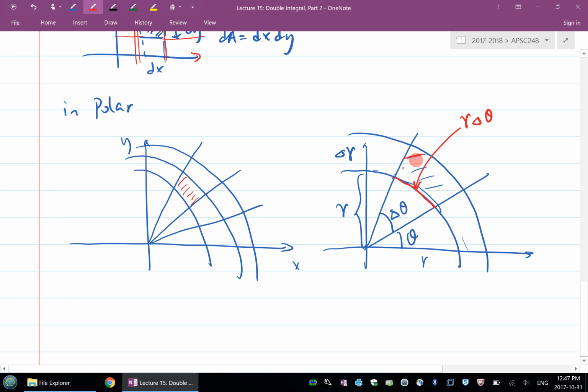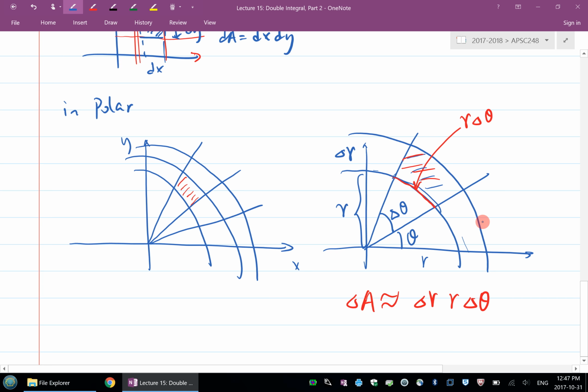So bottom line, you consider this as a rectangle, then the area of this rectangle is what? One side times the other side. So now you have your delta A approximately equal to delta r times r delta theta. So that's how you approximate this little area in the polar coordinates, because this is how we sectioned this. We created this one using the polar coordinate system.